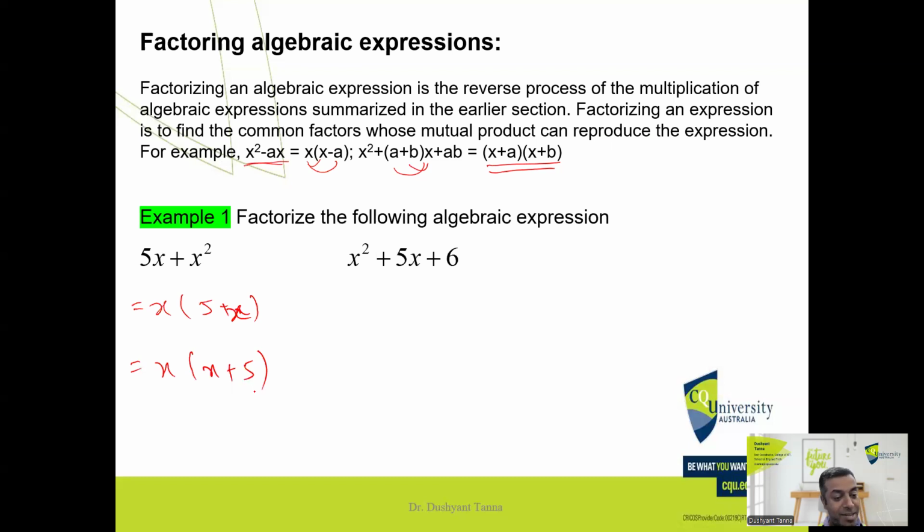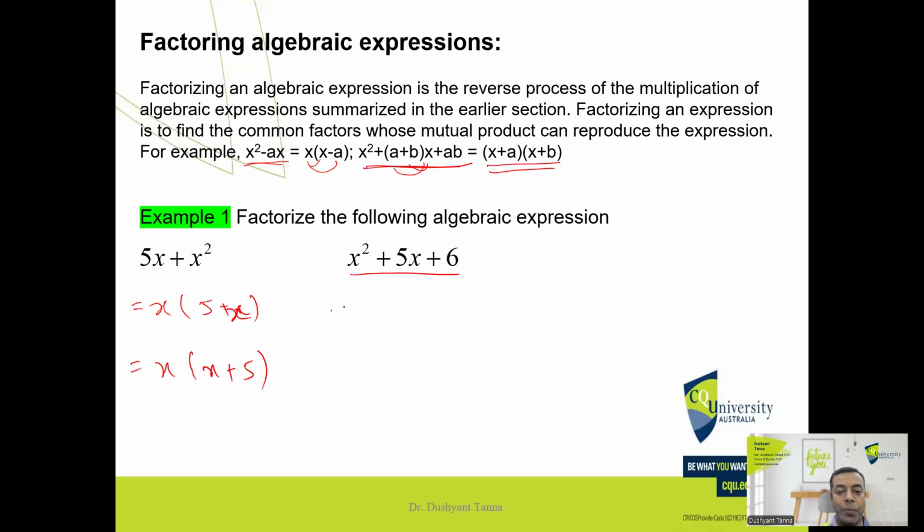That's where that AC method comes in, or product sum factor. This one here is what we have expressed above. So A is 2, B is 3, and 2 times 3 is 6.